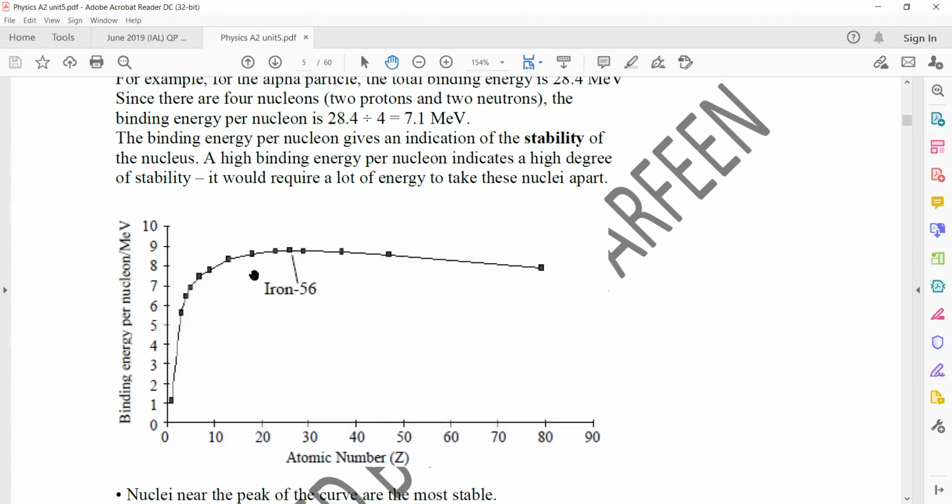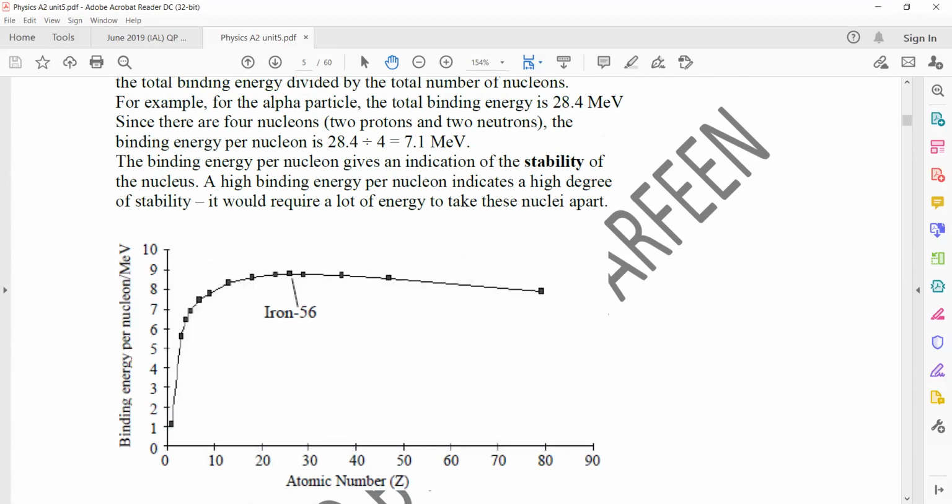So the maximum value of binding energy per nucleon, you will find for iron. So it means in terms of nuclear stability, iron is the most stable nucleus. It is about 8.8 mega electron volt per nucleon.